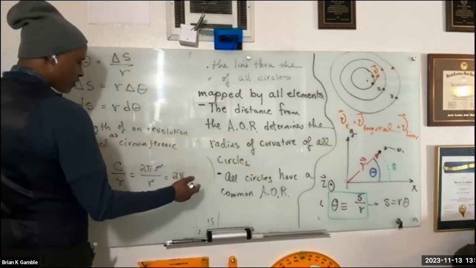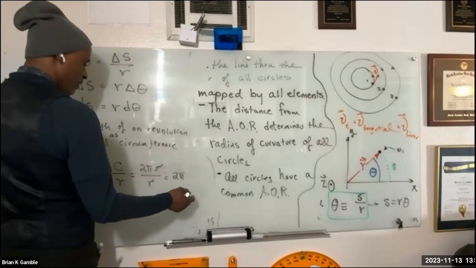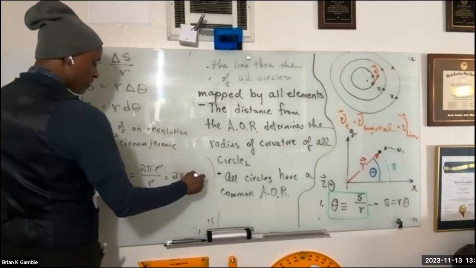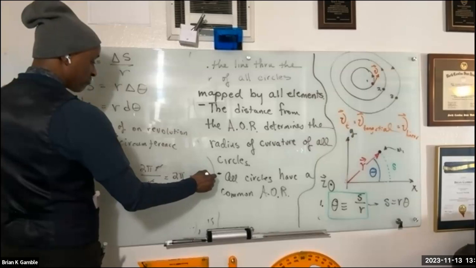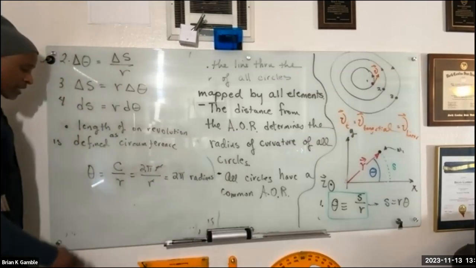Now pi is 3.14. I think Pythagoras was supposed to have figured this out, and they just gave the unit a name, radians, abbreviated rad.